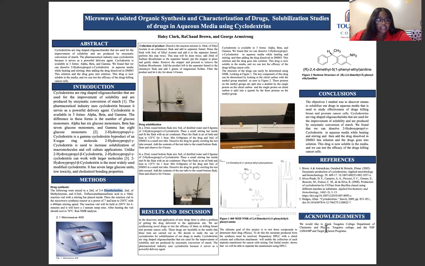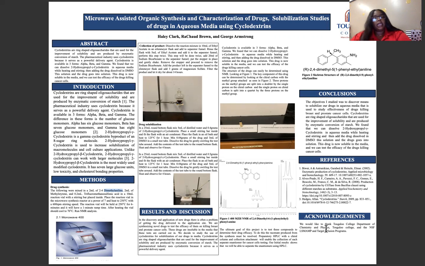We placed this reaction vial in the microwave synthesis reactor at a power of 7. We heated it to 250 degrees Celsius with a 600 RPM stirring speed. The vial was held at 250 degrees Celsius for 6 minutes, with a 1-minute ramp time. After heating, the vial should cool to 70 degrees Celsius.